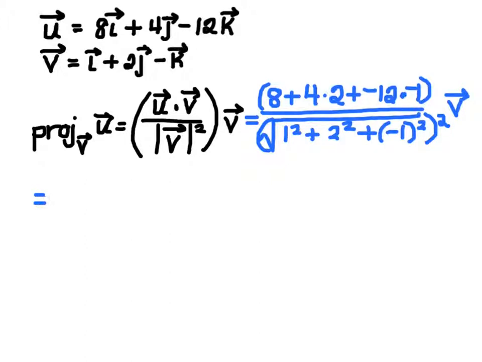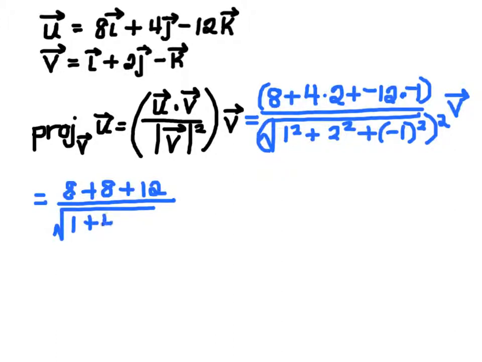So let's work this out. Here we have, back to our pencil, 8 plus 4 times 2, which is 8, plus 12, which is negative 12, times 1, and this is divided by the square root of 1 plus 4 plus 1 times vector V. In the numerator we have 28.